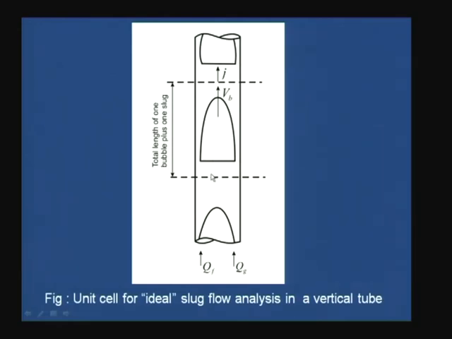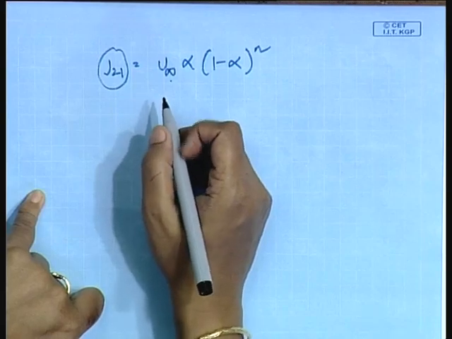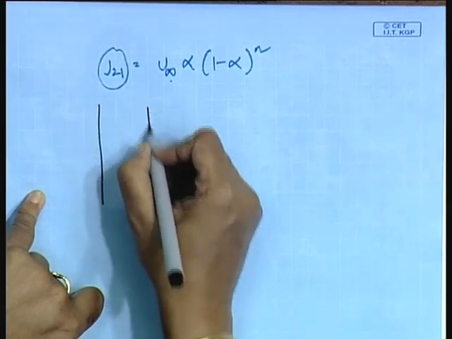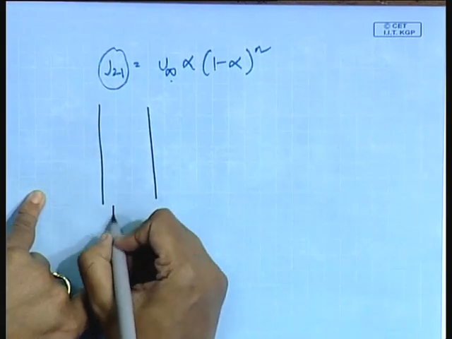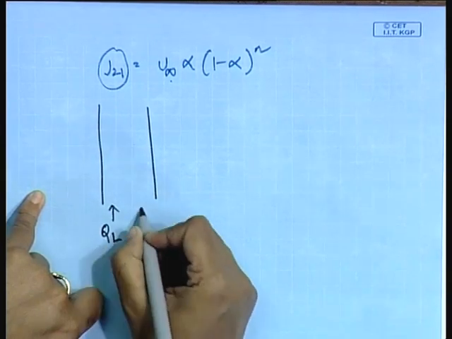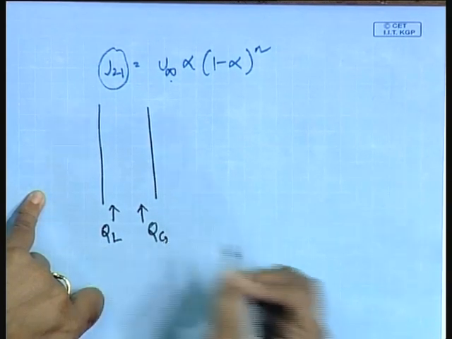Now, try to understand one thing, since from continuity of mass, what do we get? Suppose we have a flow passage where liquid is introduced at QL and gas is introduced at QG.